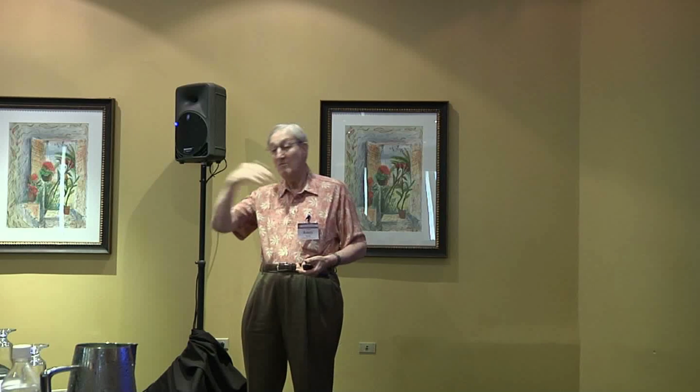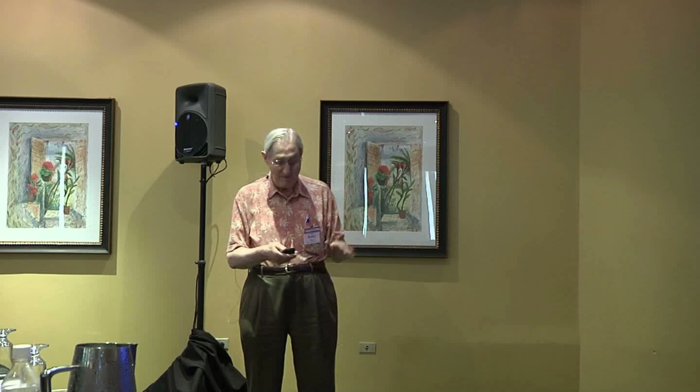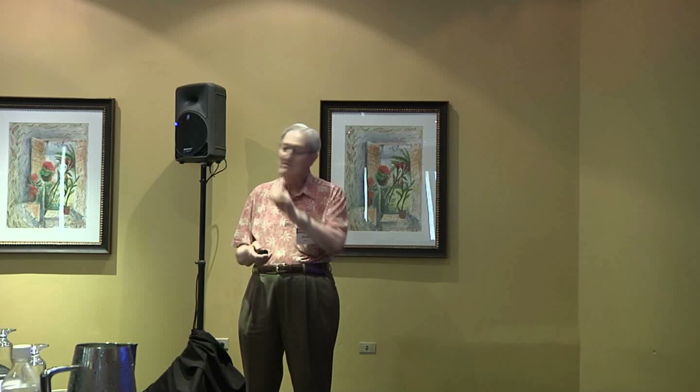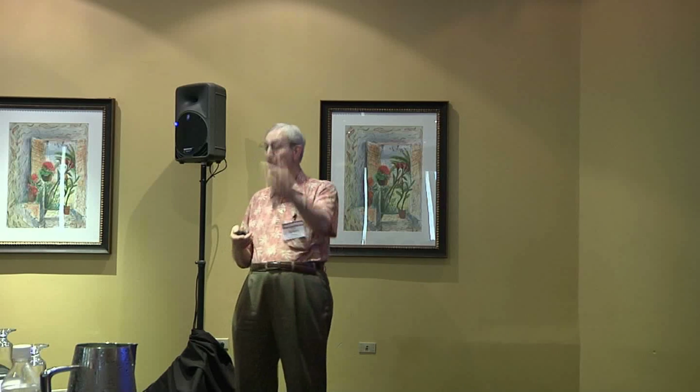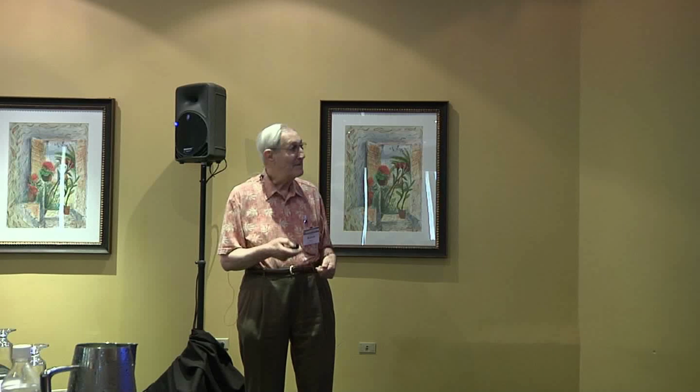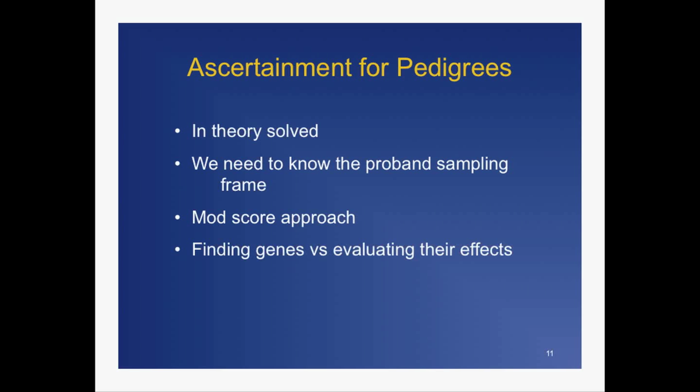And if they weren't there, then they're not in the proband sample. So being in the proband sampling frame has nothing to do with whether you're affected or not. It's just, if you were affected, could you come in? All right. I'll show you in a minute how you could do it.